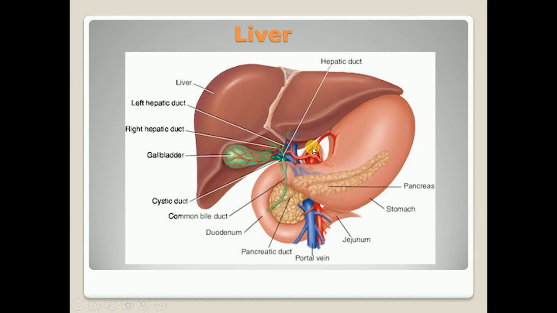The bile that is collected and stored in the gallbladder comes into the duodenum by the bile duct. The pancreas is also there, present in the loop of the duodenum. Then the portal vein collects blood from the liver.